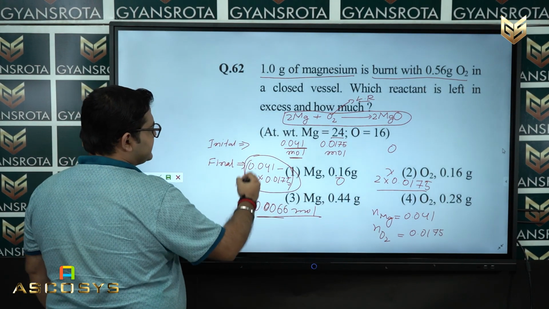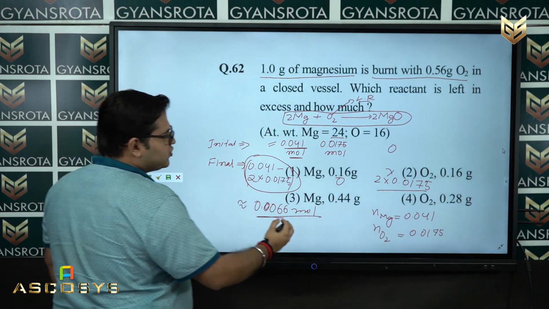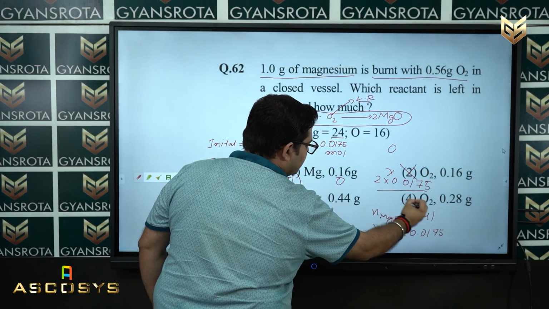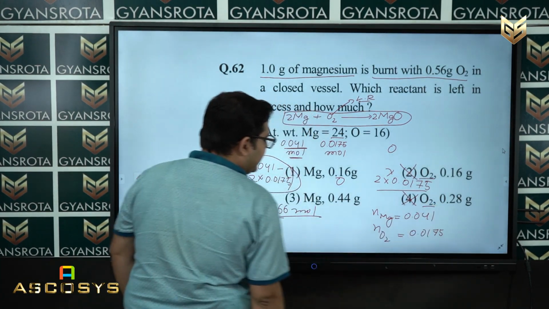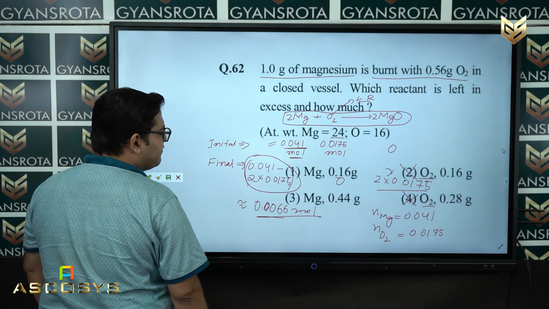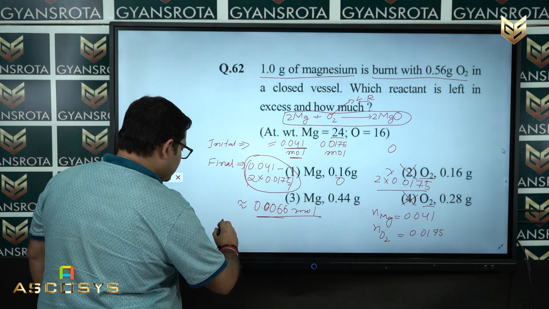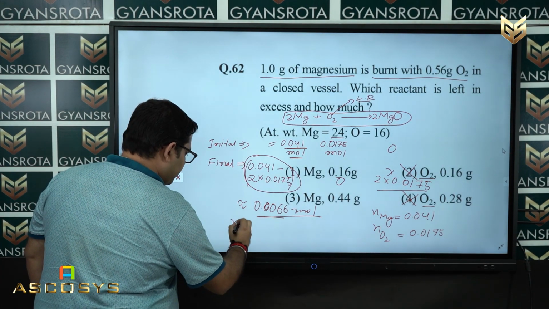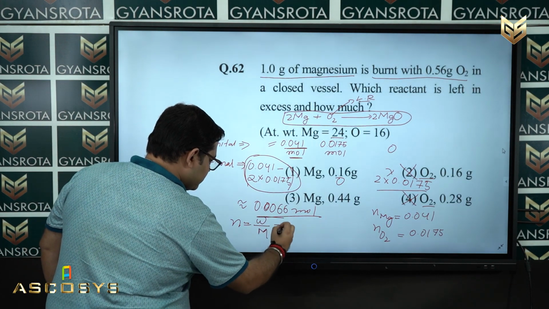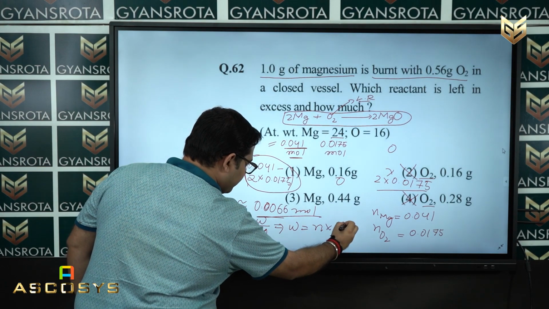So, which one is in excess? Your magnesium is present in excess amount. So, option number 2 and option number 4 we can neglect, because oxygen is the limiting reagent. Now, this mole we have to convert into weight, that is in gram. The number of moles is equal to given weight divided by molecular weight. So, given weight is equal to number of moles into molecular weight.